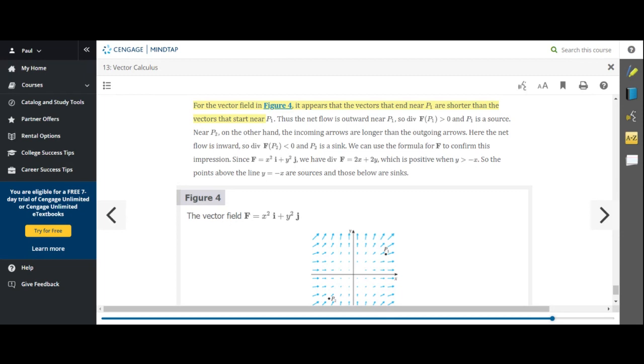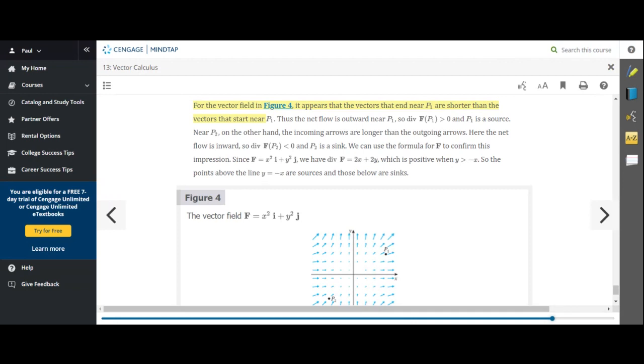That's right, Robin. It's positive. So the net flow at P1 is positive because the vectors flowing away from P1 are larger in magnitude than the vectors flowing into P1. And so there we say the divergence is greater than 0. If divergence is positive at a point, it means net flow is outward.